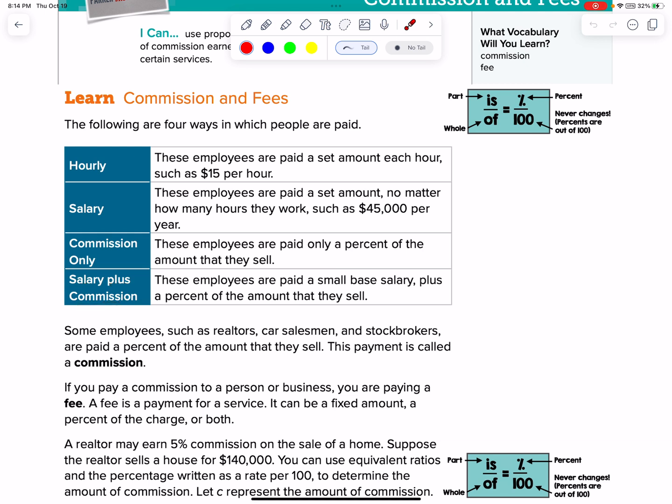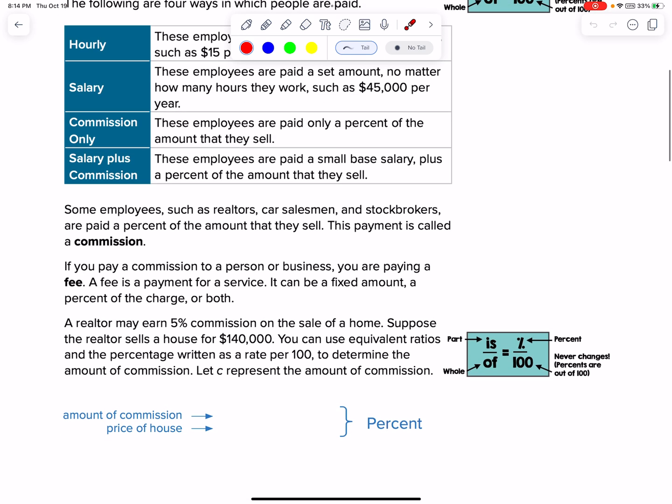They get a small base salary, and then they get a percent of the amount they sell. This is sort of true to waiters or waitresses. Sometimes they get paid a small salary, and then they get the tips based on how many tables they serve, that kind of thing.